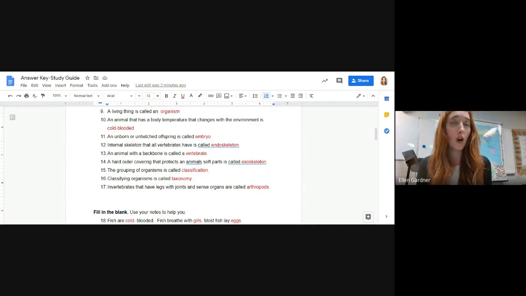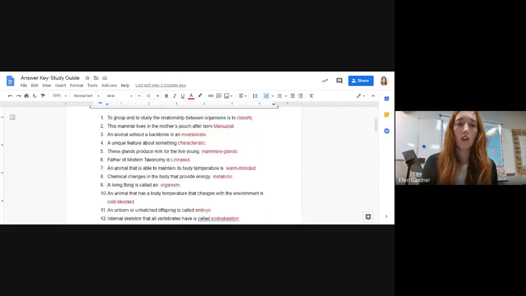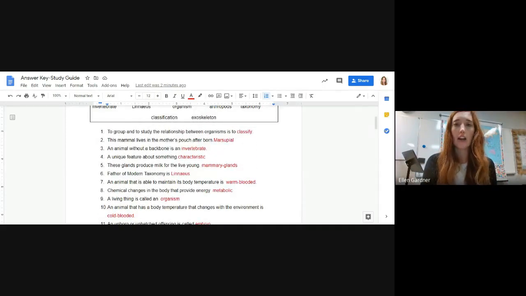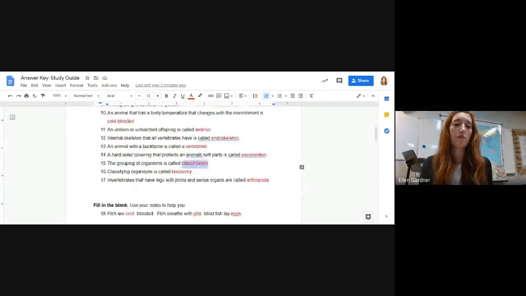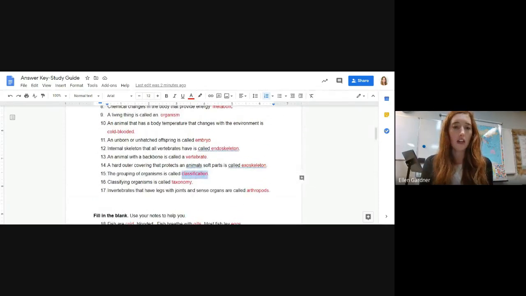This is kind of a part of speech difference. Classification has a suffix. It's a noun. That's the action, or that's the actual grouping of organisms, versus to classify is the action of grouping and studying the relationship between different organisms. And then classifying organisms.